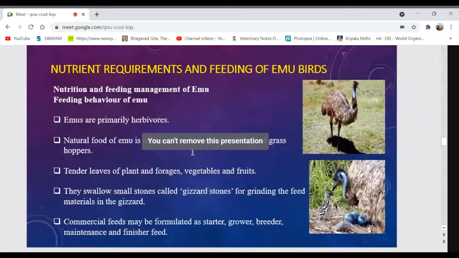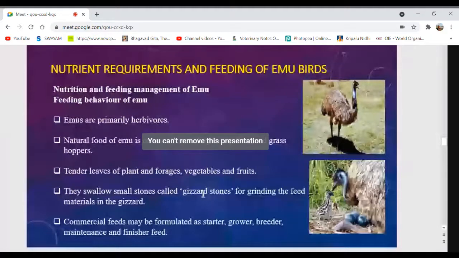And they also consume the leaves of plants and forages, including vegetables and fruits. They swallow small stones, which is grit. They collect grit by themselves, which helps in mastication of food in the gizzard.